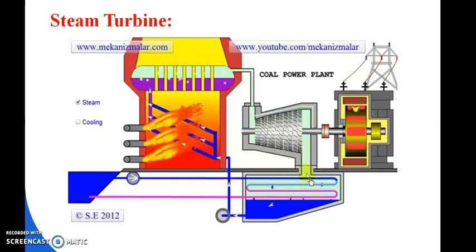So what will happen? That wet steam will convert into water and that will be deposited in the hot well. This is the hot well of the condenser. So the wet steam converts into water and that is known as the condensate. And that condensate will be fed to the boiler again by using the pump.